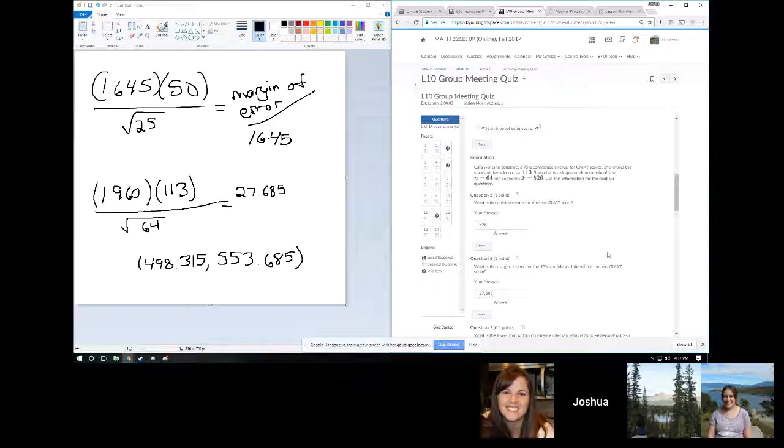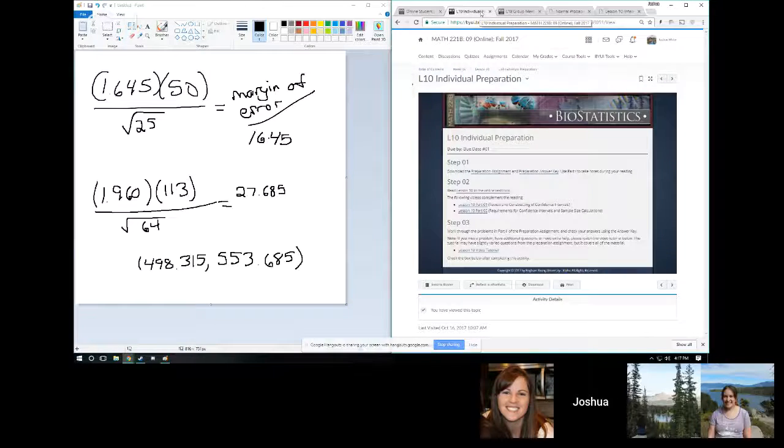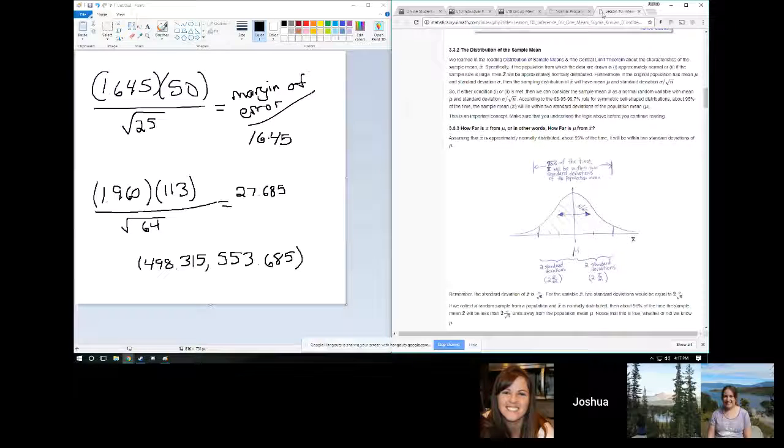So the way that I kind of got it was that the point estimate is going to be the collected data value, I guess, or whatever the mean is.